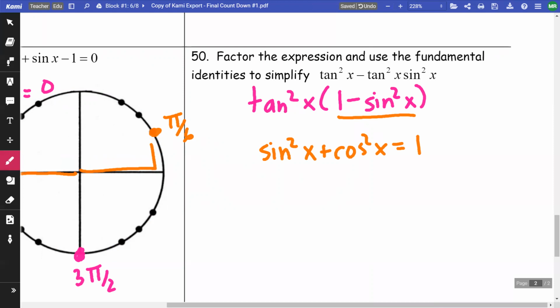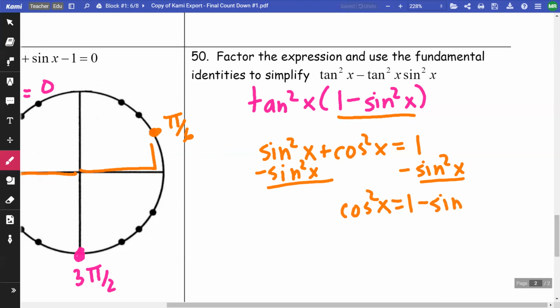And so if I am going to rewrite this and subtract sine squared from both sides, I am going to end up with cosine squared x equals 1 minus sine squared x. So I am going to be putting this cosine squared x in place of this.